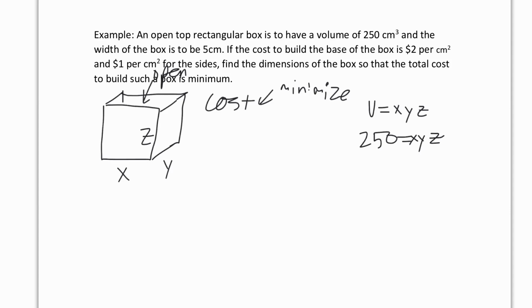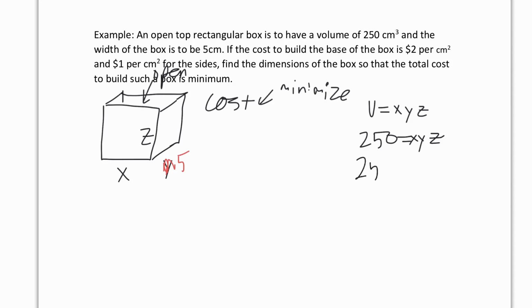That equation is definitely going to be useful to me as I look at trying to change around the formula for the box. Now, I did label it X, Y, Z, but notice we have an important piece of information here. We are told that the width is going to be 5 centimeters. So we don't actually want to have this extra variable y here because we're told that the width is 5. And so by adding the y there, we get too many variables in our setup.